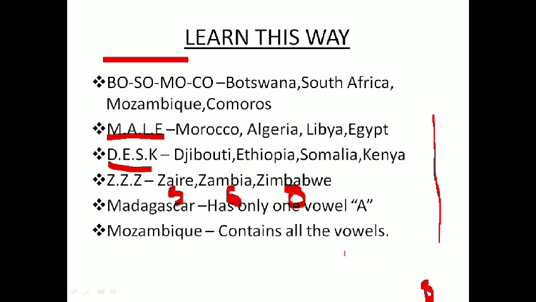So now suppose we take these: Zaire, Zimbabwe and Zambia. The top one is Zaire, the middle one is Zambia, and this is Zimbabwe. So the country with the maximum letters, Zimbabwe, is at the bottom.